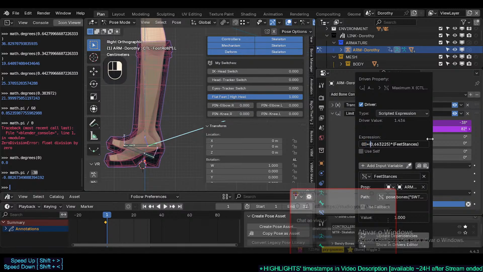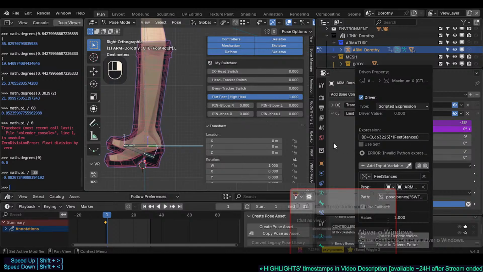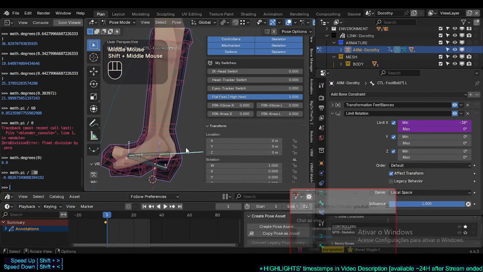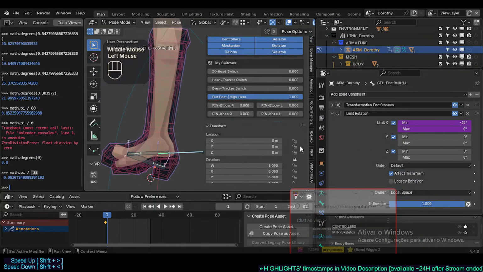So it's not this. I inverted the properties. Alright, let's go back. No, I'm destroying everything. Crap. I picked the wrong bone.